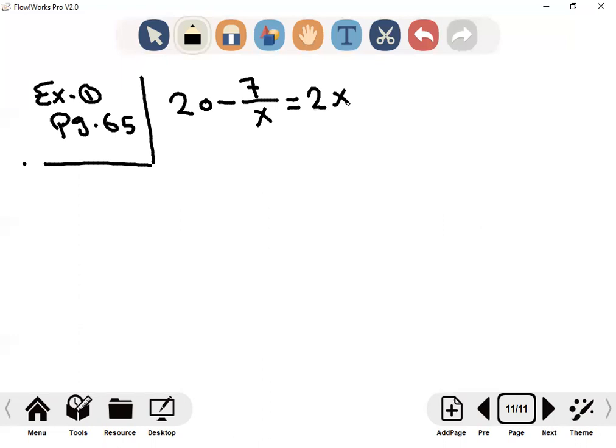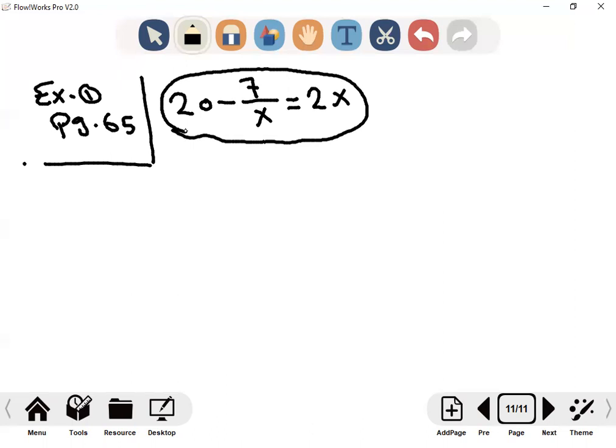Triple means multiply by 3. Differentiate between squared, power 2, and twice, multiply by 2. Cube is power 3, triple is multiply by 3. Be careful with these things. So our equation is 20 minus 7 over x equals 2x.